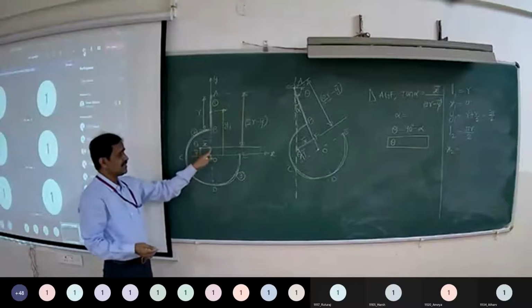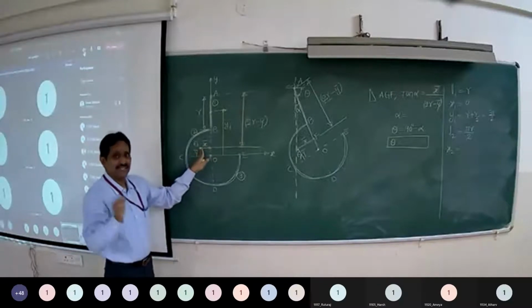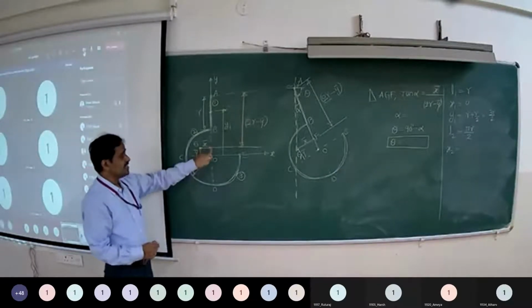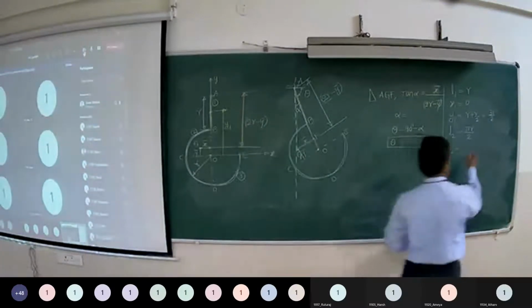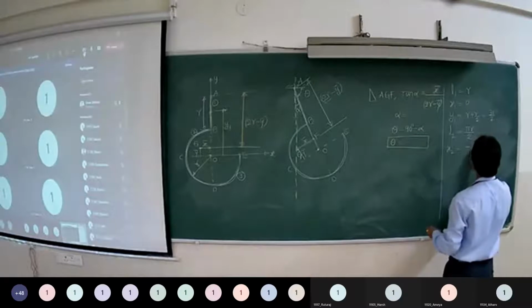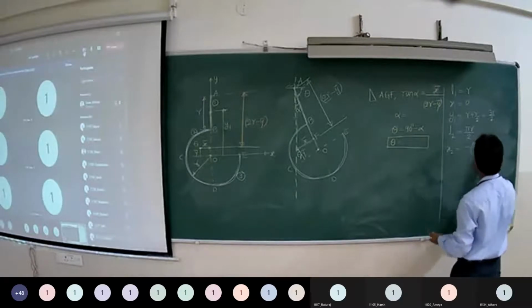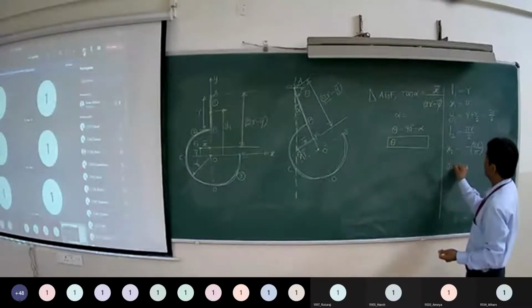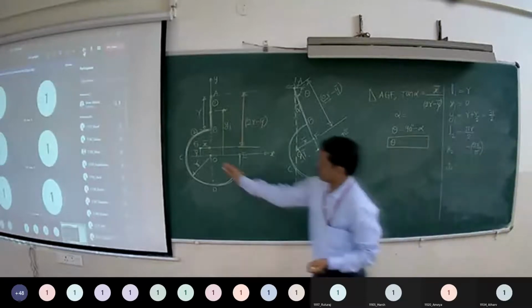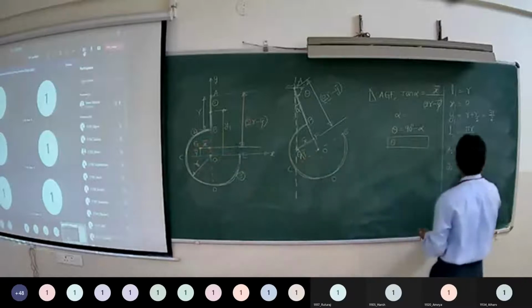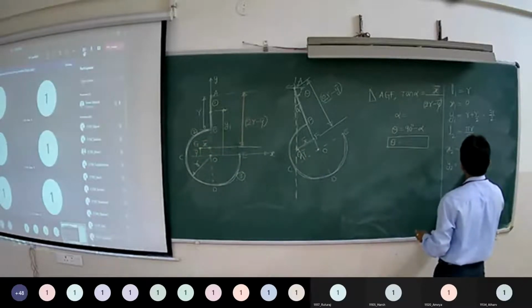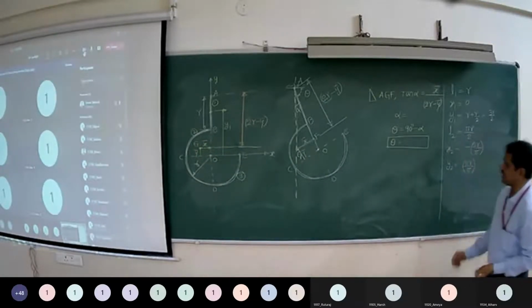The distance of centroid is located at 2R by pi. Right? But it is on the left hand side, so it is minus 2R by pi. Y2, distance of centroid from x-axis, again it is 2R by pi. Right?